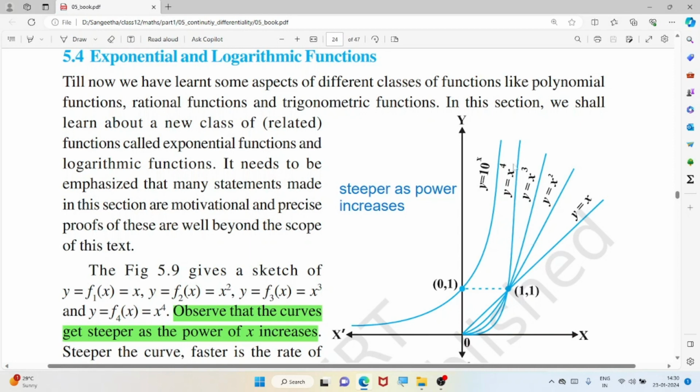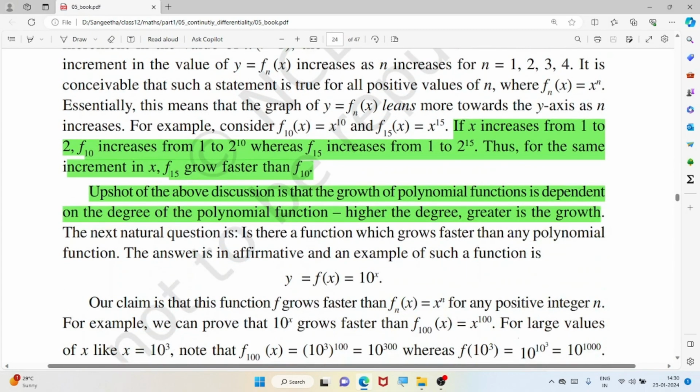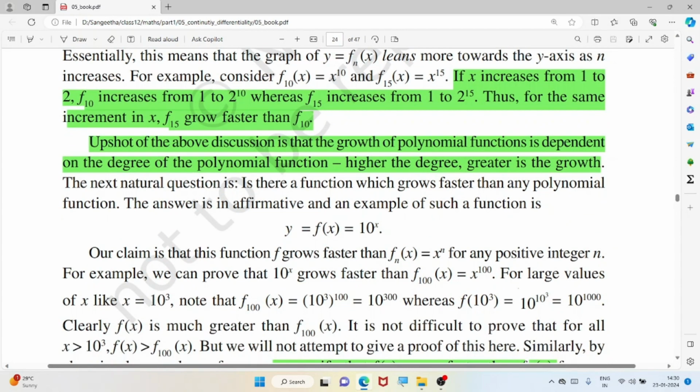The growth of a polynomial function depends on the degree of the polynomial. Higher the degree, greater the growth.